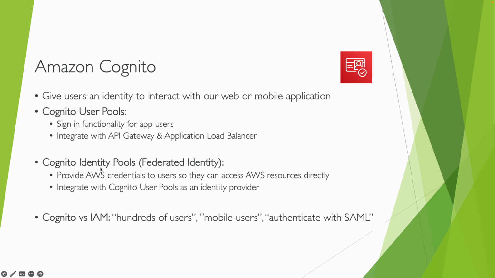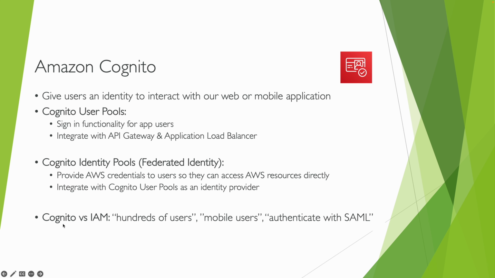In Cognito identity pools, your users can access AWS resources directly from their applications, through Amazon Cognito, integrated with user pools as an identity provider.